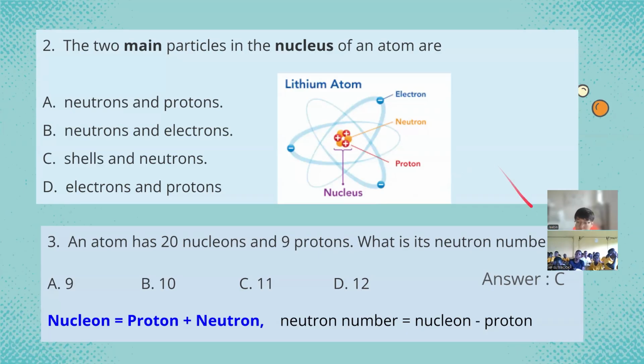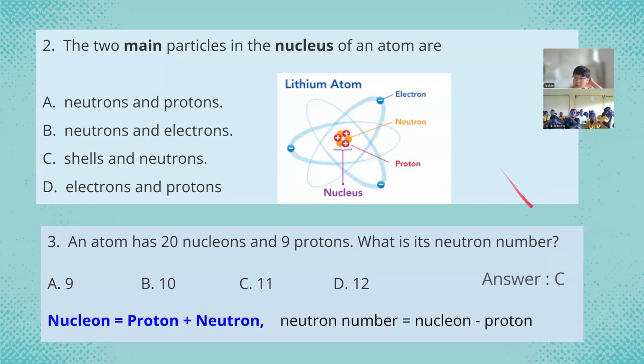Now let's look at another question. Let's see if you guys can answer this one. The two main particles of a nucleus of an atom are. So what are the two main particles in the nucleus? Is it A, neutrons and protons? B, neutrons and electrons? C, shells and neutrons?